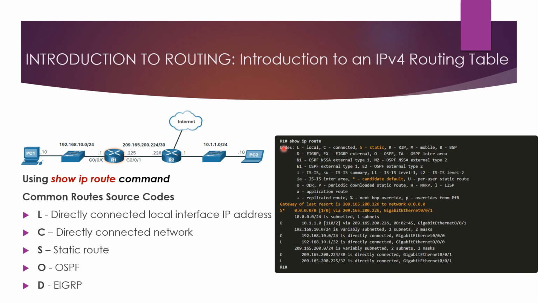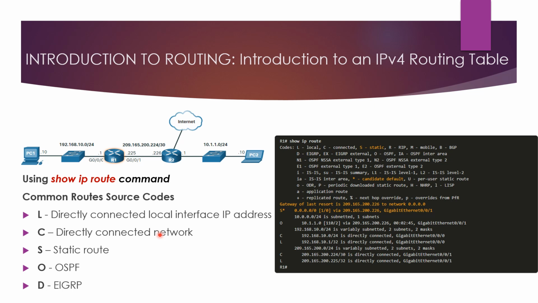C stands for directly connected network. S stands for static route, which is manually configured by an administrator. The letter O is a route found by using the Open Shortest Path First protocol, and the letter D is a route found by using the Enhanced Interior Gateway Routing Protocol.